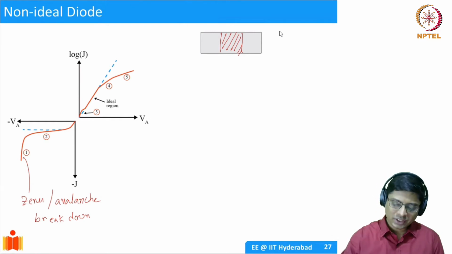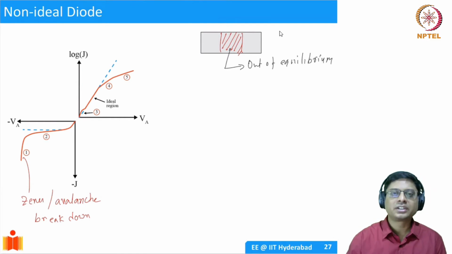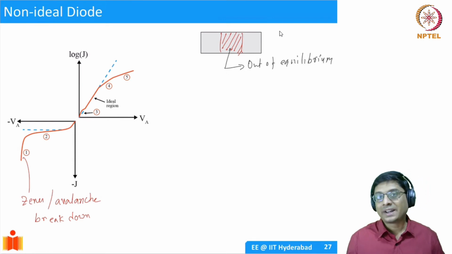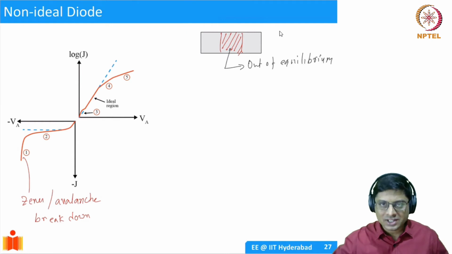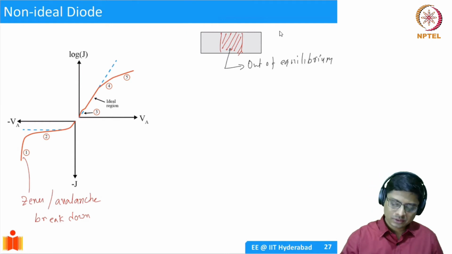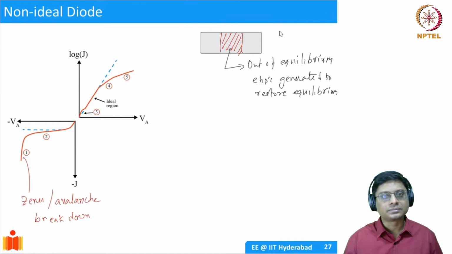But this is essentially out of equilibrium, right? Whenever a semiconductor goes out of equilibrium, it tries to come back to equilibrium. When you have excess minority carriers, they will recombine. When you have fewer carriers, it will generate. So EHP is generated to restore equilibrium.